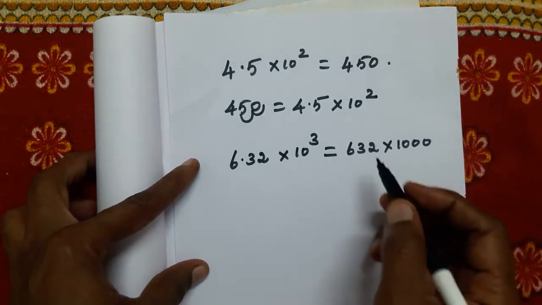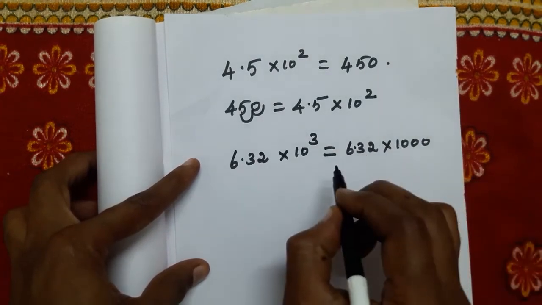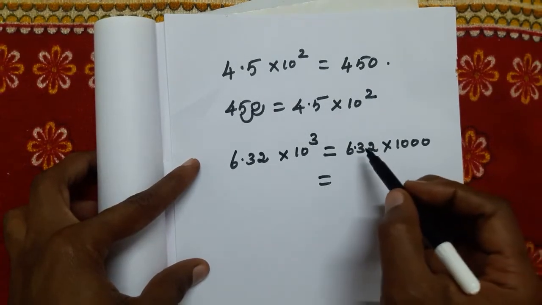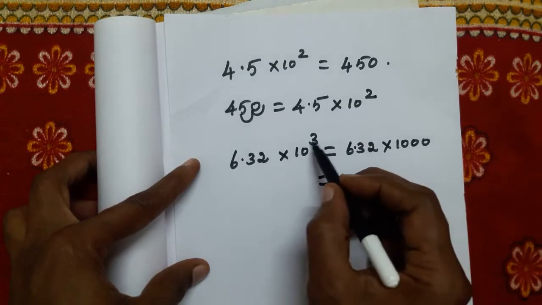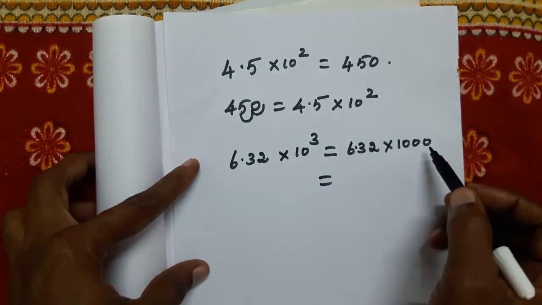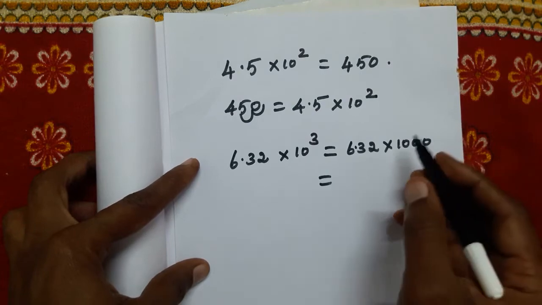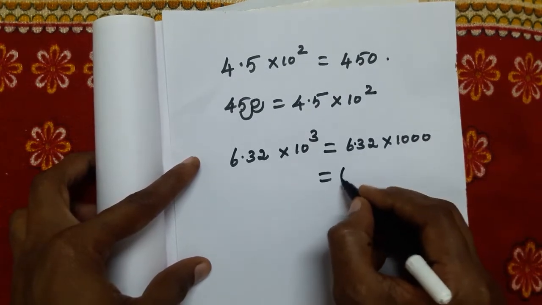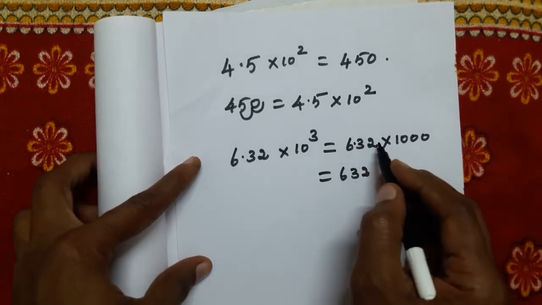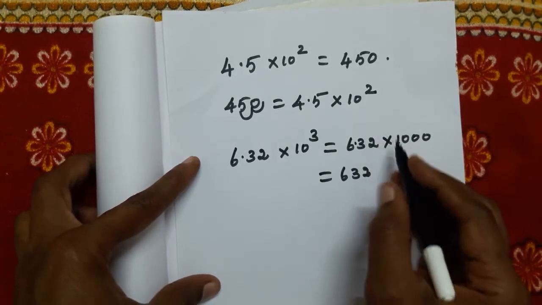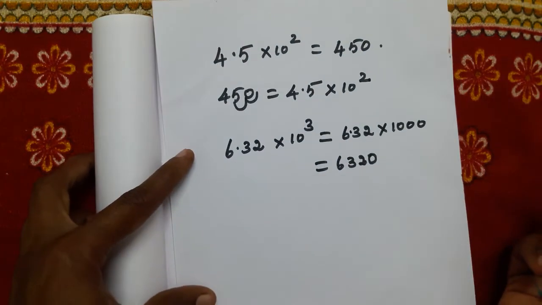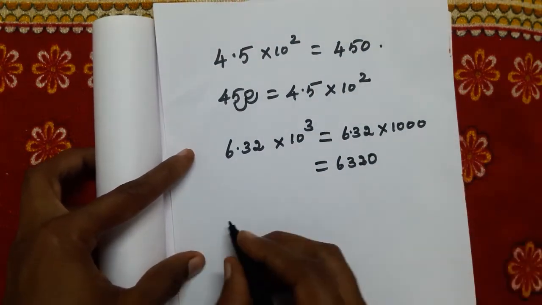How many digits do we have to move the decimal point? Three digits. 10 power 3 means 3 digits. Right or left? Yes, right. So 6, 3, 2. Only 2 digits are there. One more digit we need, so we have to write a 0. Can you understand this? Okay. Next.